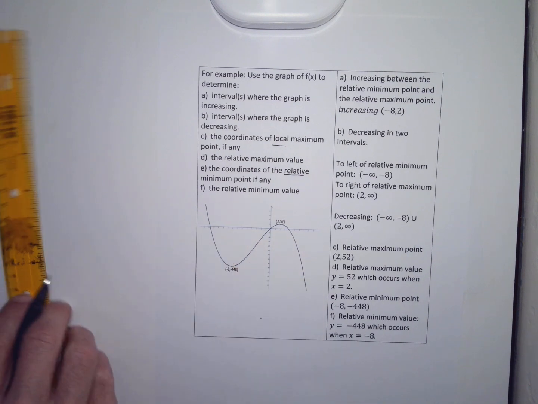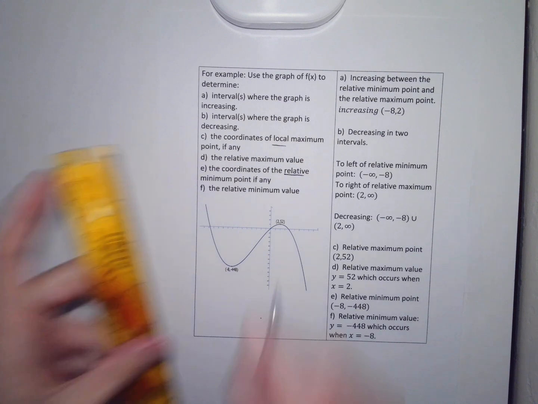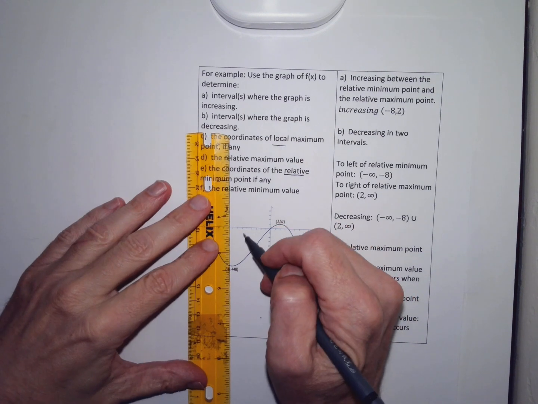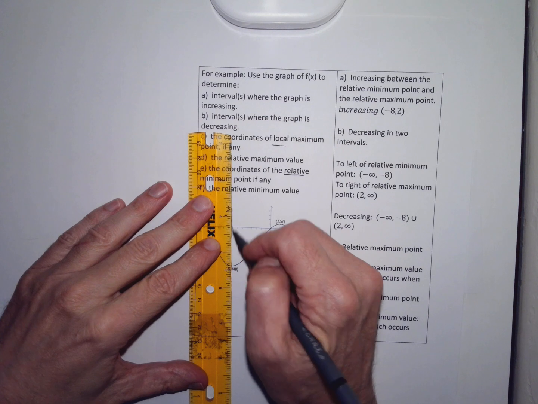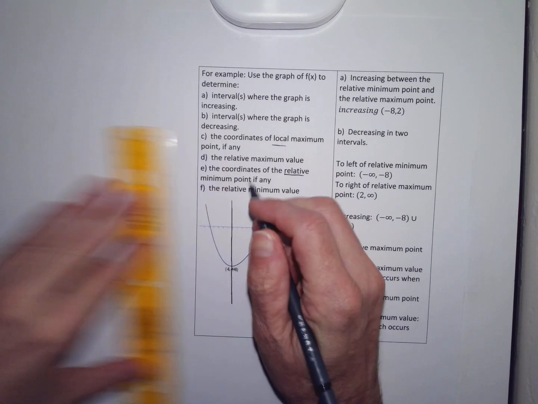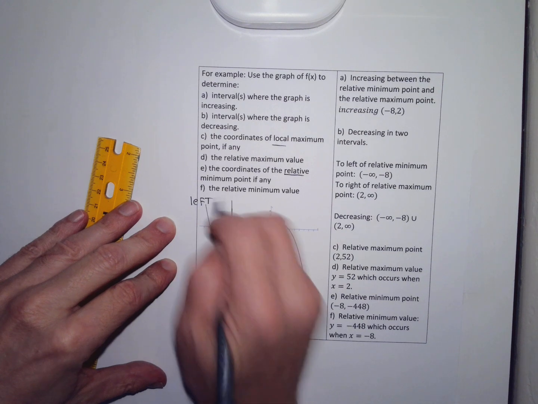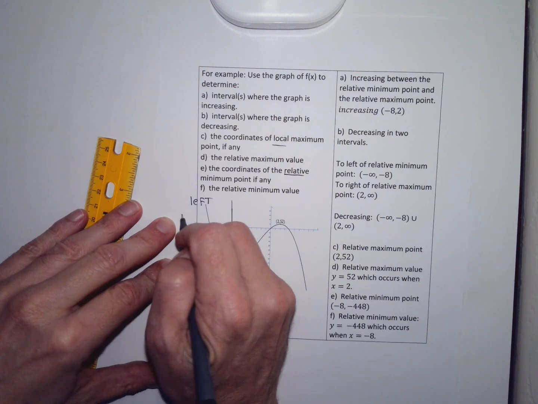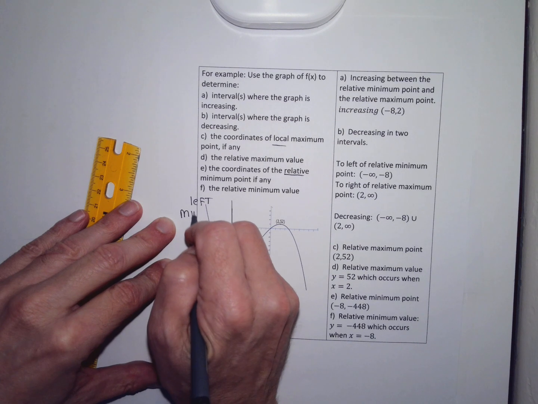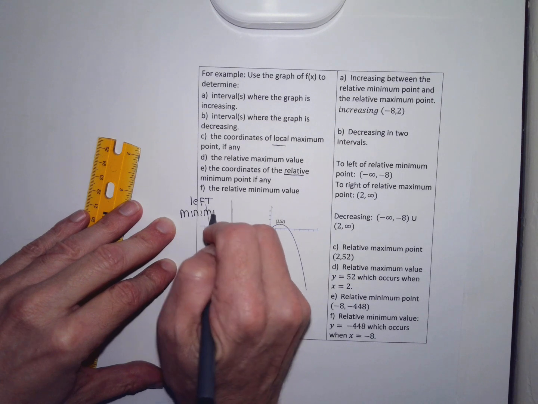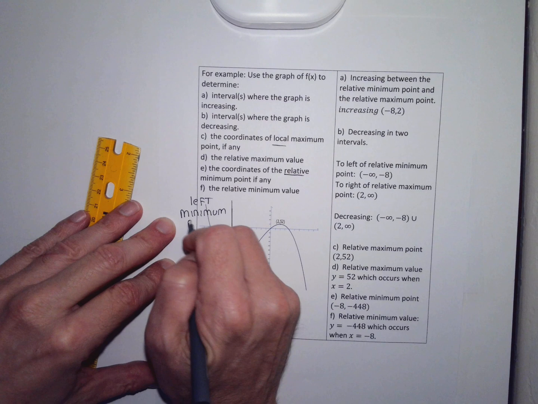So to do this, I'm going to segment this graph into regions. I'm going to go to the region to the left of this minimum point. So this is going to be my first region that I'm going to try to describe. This is to the left of a minimum point, and notice I'm not even saying maximum or local or relative.